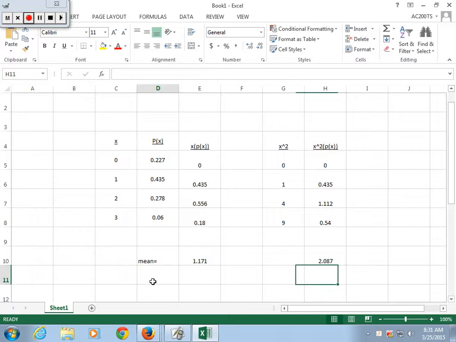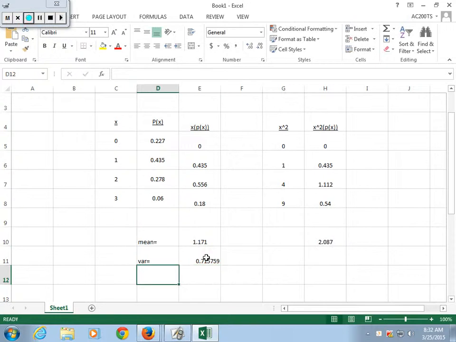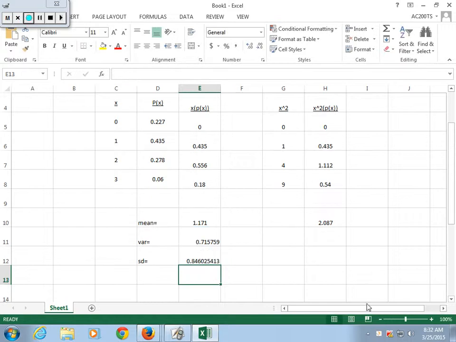And that's part of your variance. And that's going to be equal to this guy minus what? The mean squared. And that's your variance. Your standard deviation is equal to that number raised to the 0.5 power. And there's your numbers.